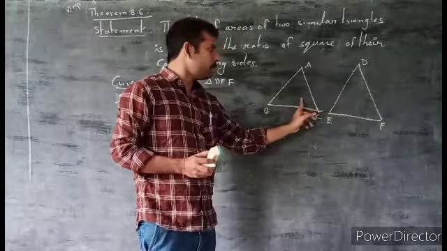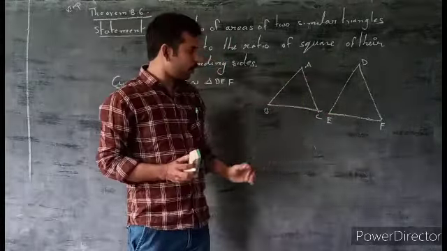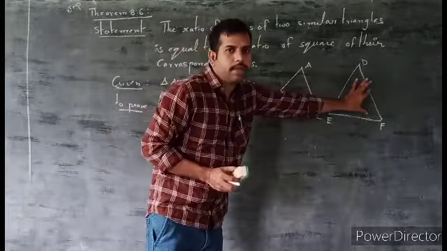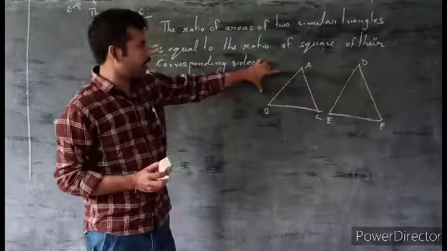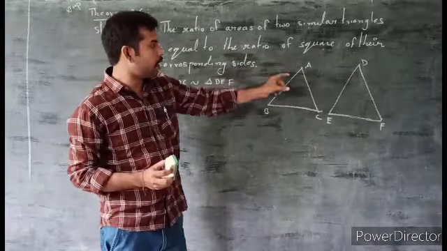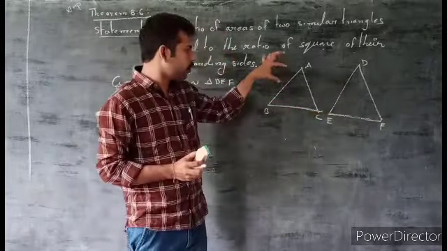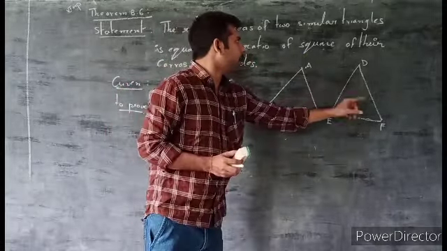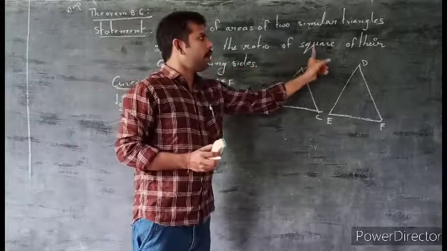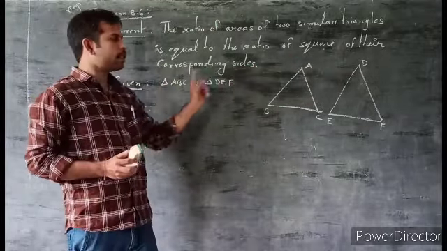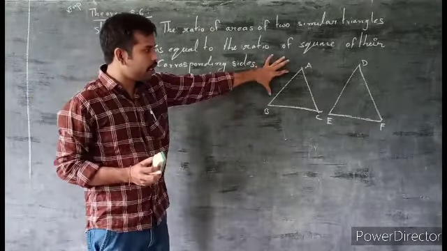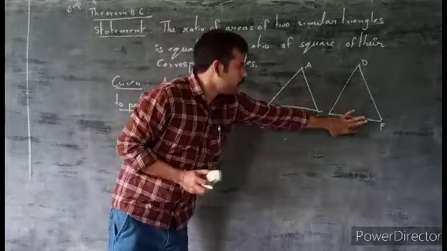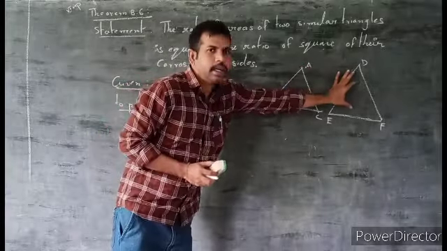The corresponding sides are AB and DE, BC and EF, AC and DF. The corresponding sides are proportional, so AB by DE, BC by EF, and AC by DF. So AB square by DE square is equal to BC square by EF square is equal to AC square by DF square.